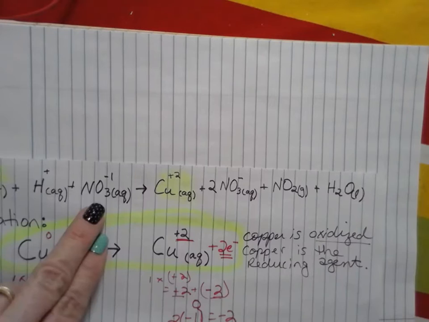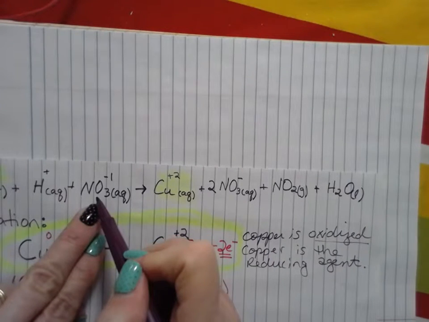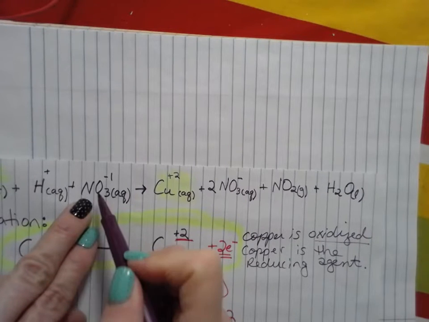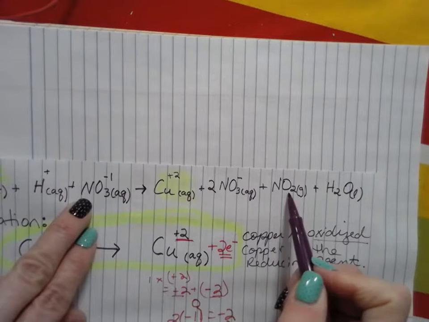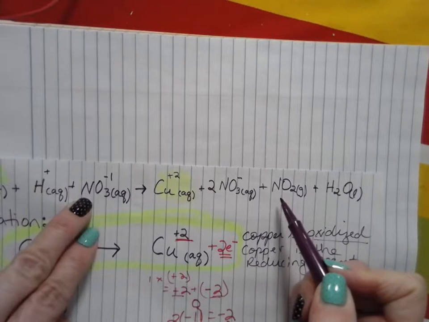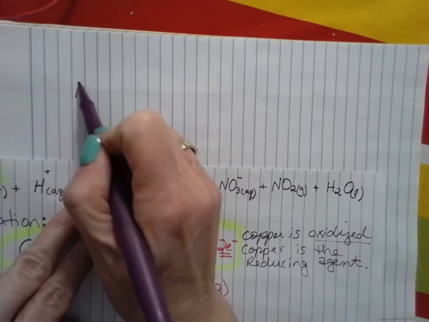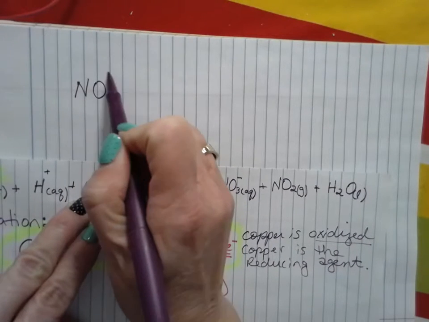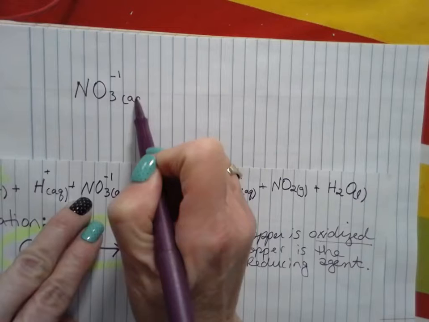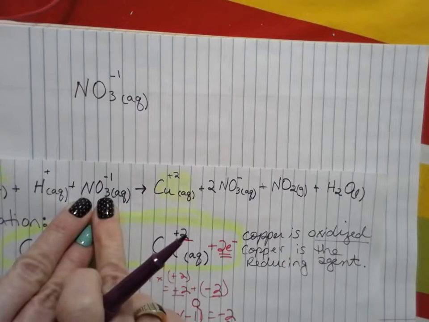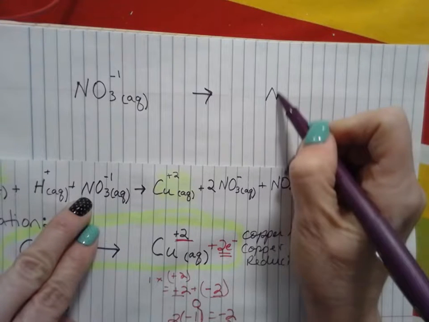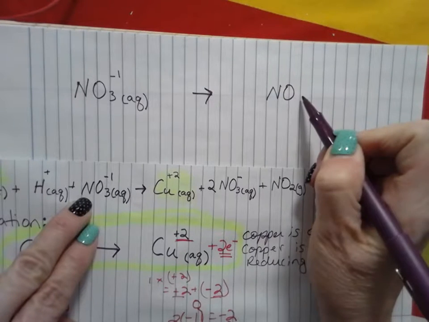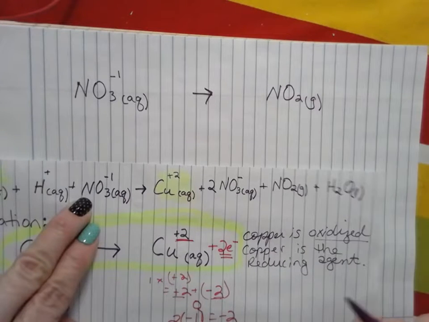Now, my reduction is this nitrate. The nitrogen that is in this nitrate is going to get reduced to nitrogen 4 oxide, or nitrogen dioxide. So I have nitrate with the -1 charge, aqueous, floating around in solution, and it is going to become gaseous nitrogen 4 oxide.